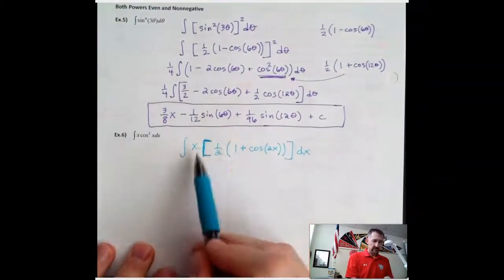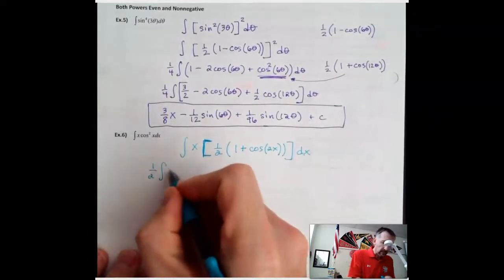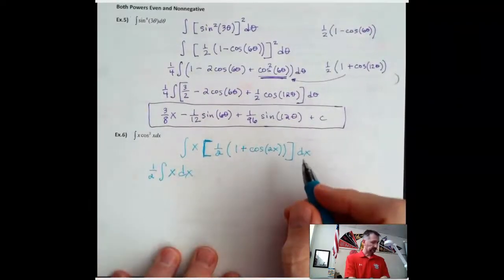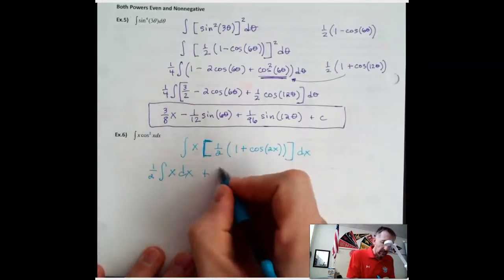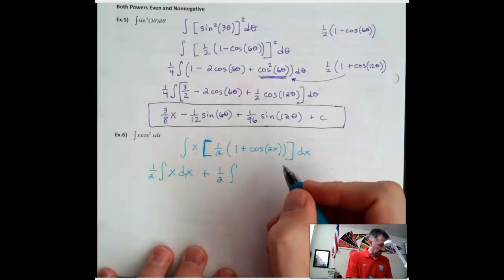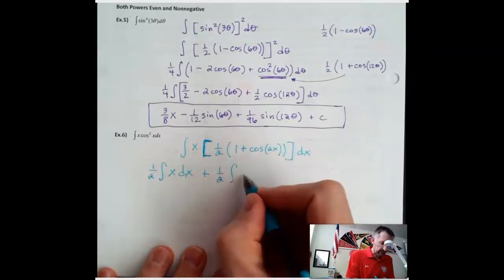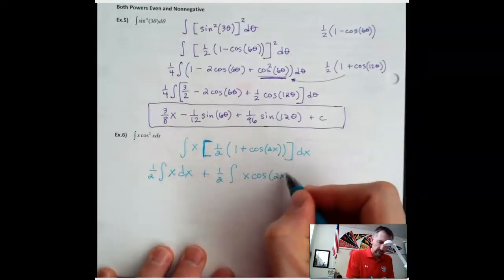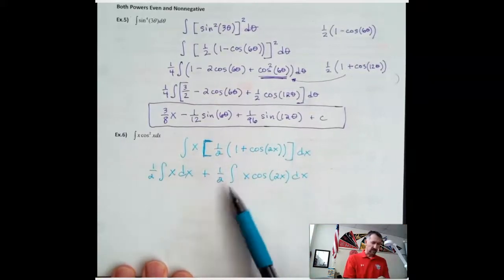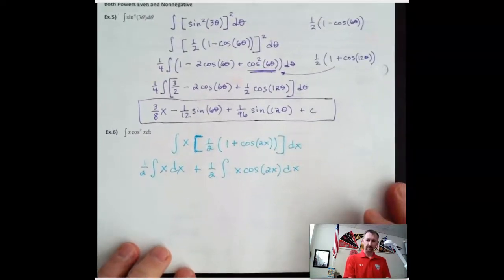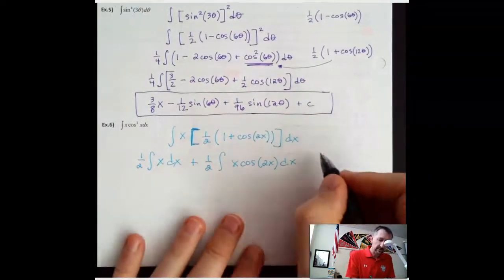Okay, so we can separate this out a little bit. If we focus on this, that would be 1/2 x dx plus 1/2, and then that would have been distributed, so that would be x cosine 2x, and that is integration by parts.